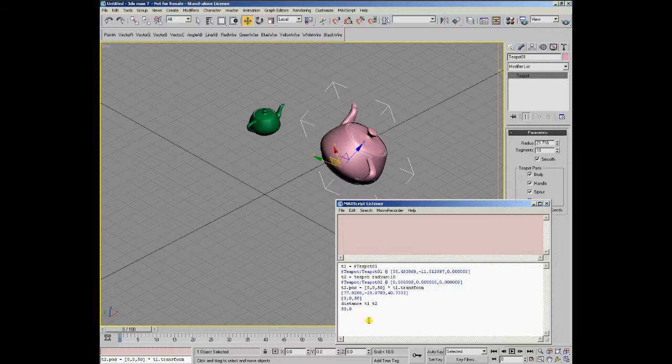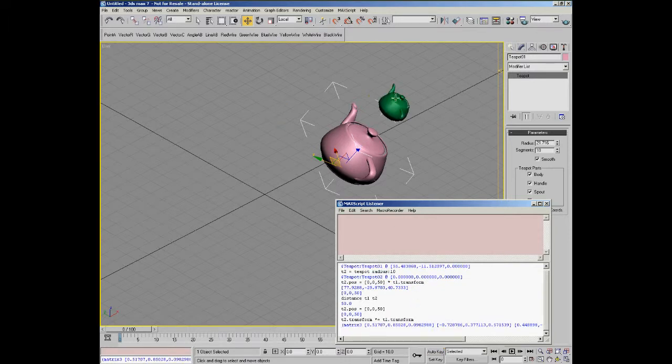We could first set the coordinates of the second teapot to 0, 0, 50 and then multiply the complete transformation matrix in order to transform from world into user coordinate system space. In this case, not only the position changes, but also the orientation and the scaling.